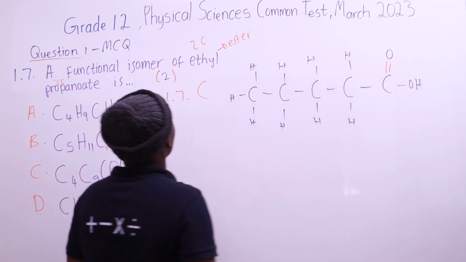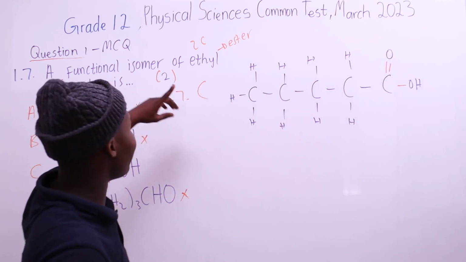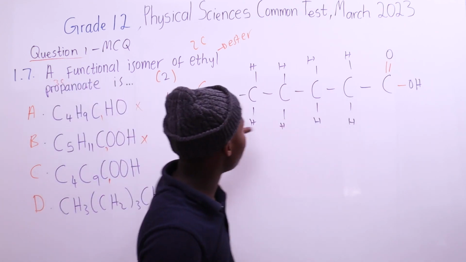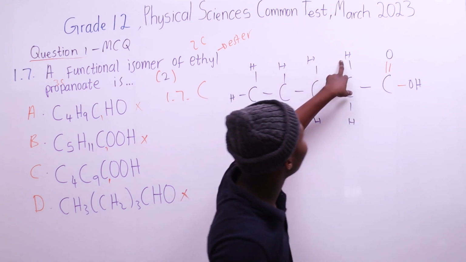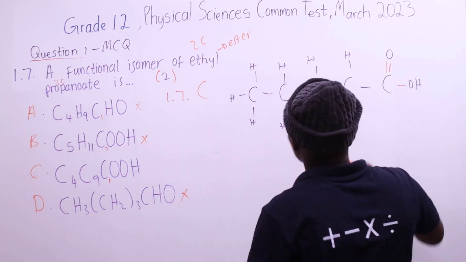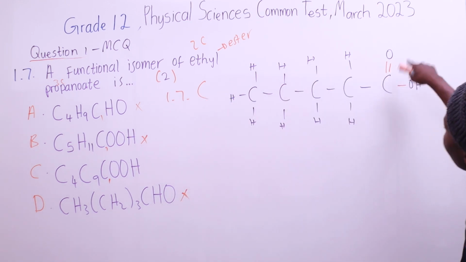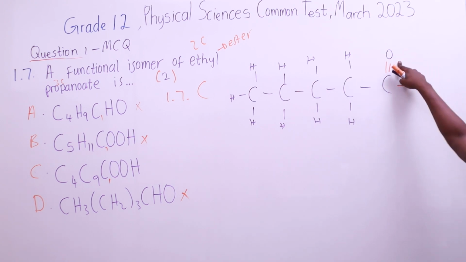So again we're looking for carbon about 5, right? So 1, 2, 3, 4, 5 for C, H 1, 2, 3, 4, 5, 6, 7, 8, 9, 10, and then 1 oxygen, so we have 9 plus oxygen.